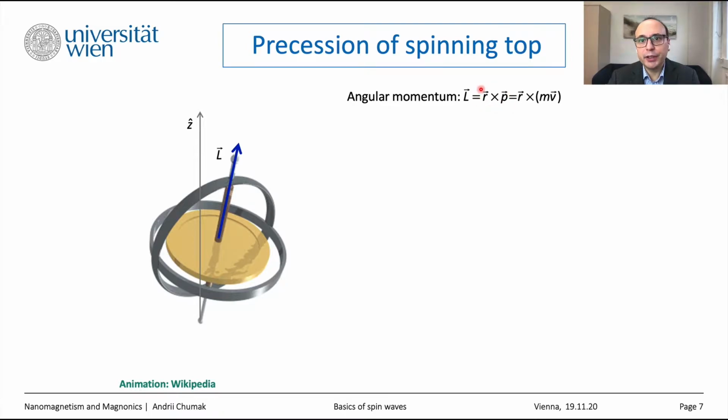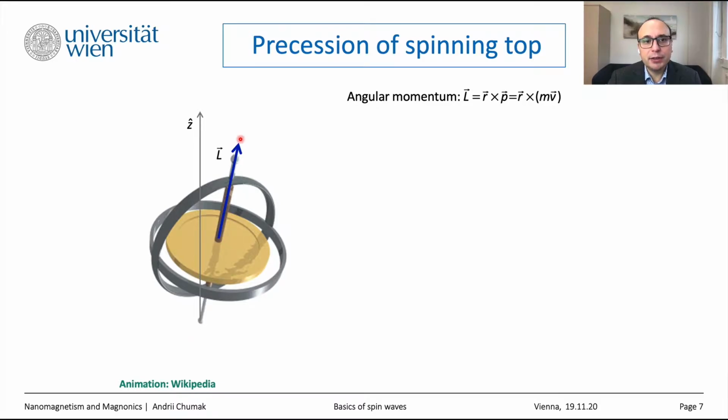So we need to find a cross product, and in such a way we can define an angular momentum. If you take into account the whole body, angular momentum is pointing along the axis of rotation, like it's shown here, and depending on which direction your disk is rotating, it will be pointing here or in the opposite direction.